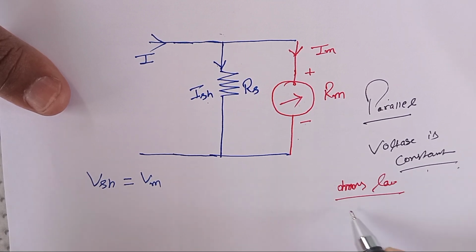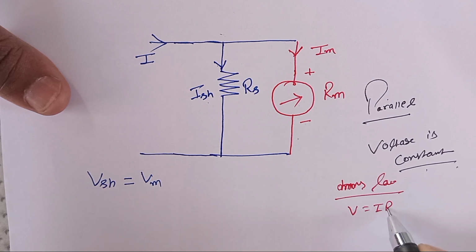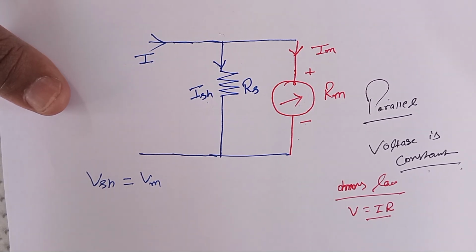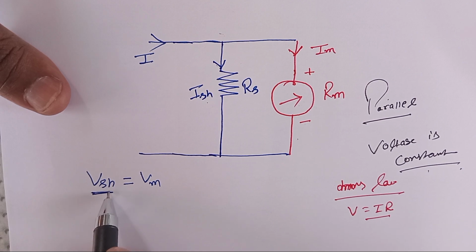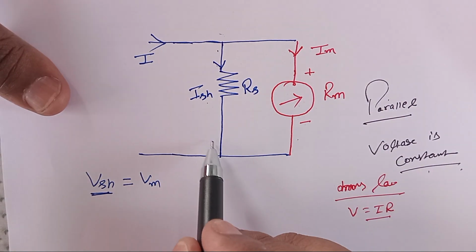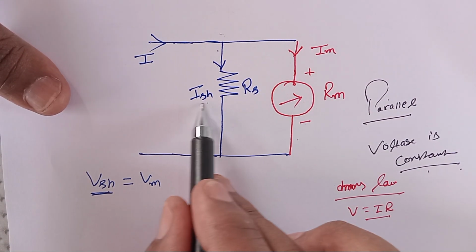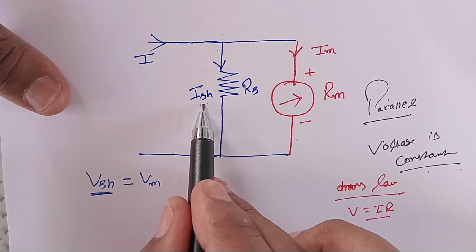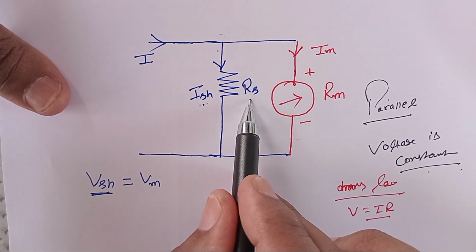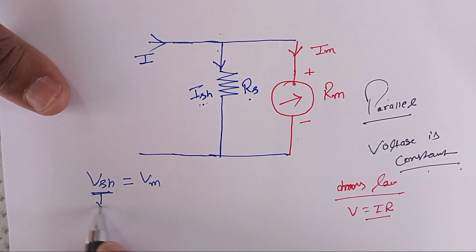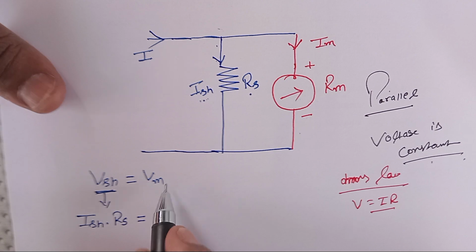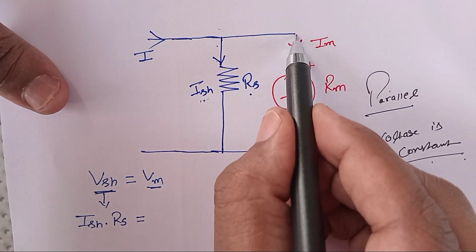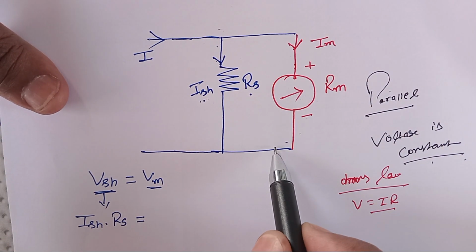According to Ohm's law, we know that V equals I into R. Now Vsh in this path: the value of I here is Ish and the R value is Rs. So I am writing Ish into Rs is equal to Vm, the voltage at this branch.